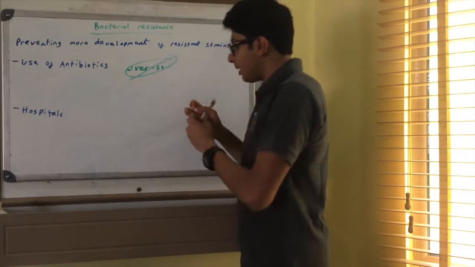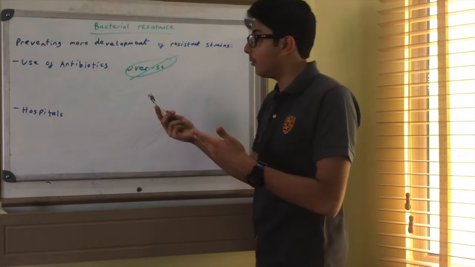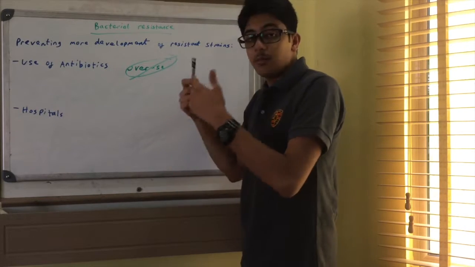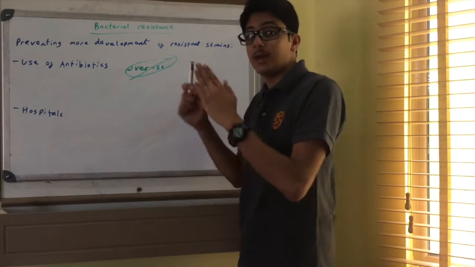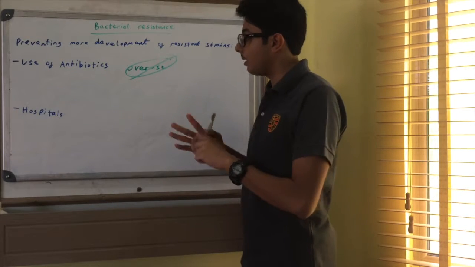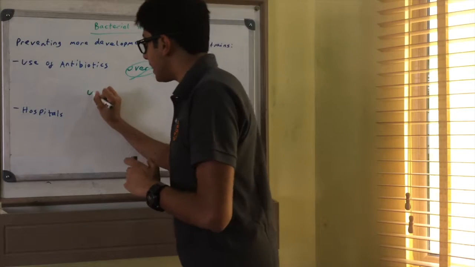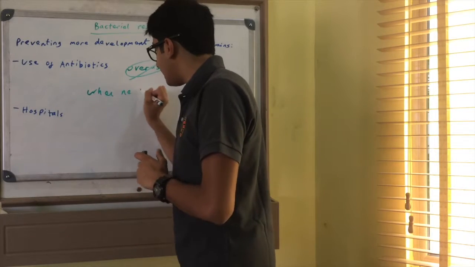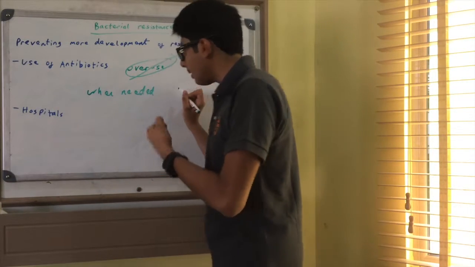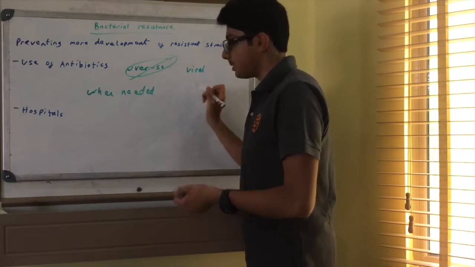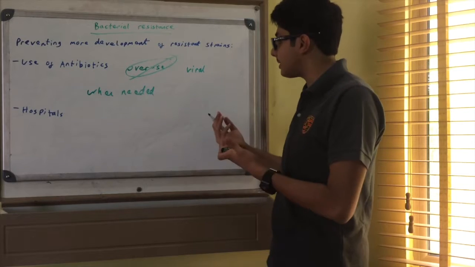If we overuse them, as shown in the diagram I showed you before, the population of more resistant bacteria will increase. So do not overuse antibiotics and only use them when necessary. For example, do not use them for diseases caused by viruses.